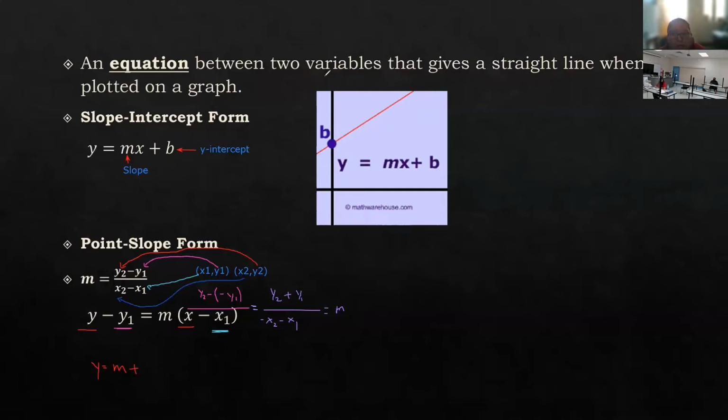Even though the b does not show right here, it is represented by this y right here. Even though it's right here too.